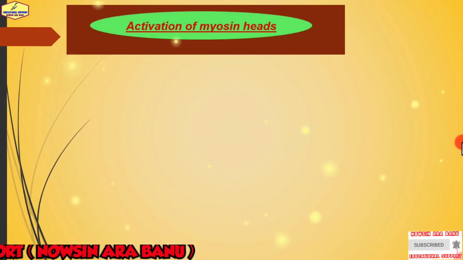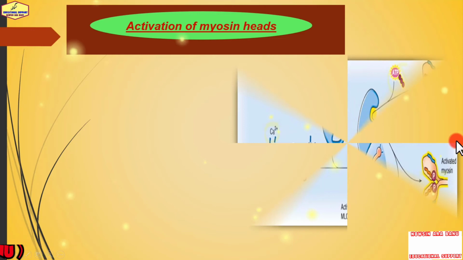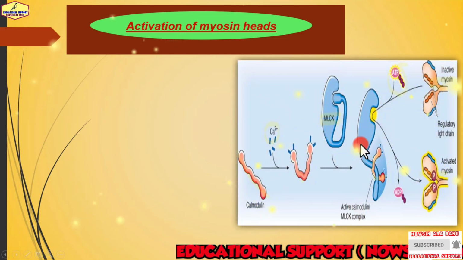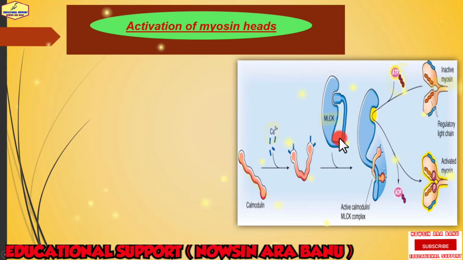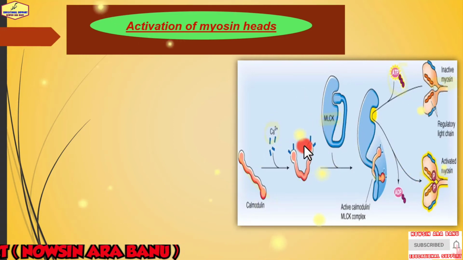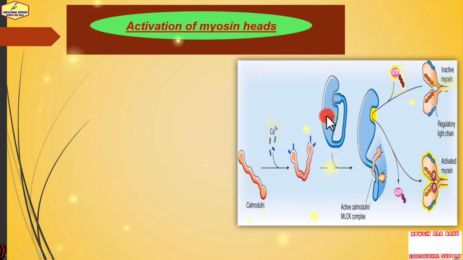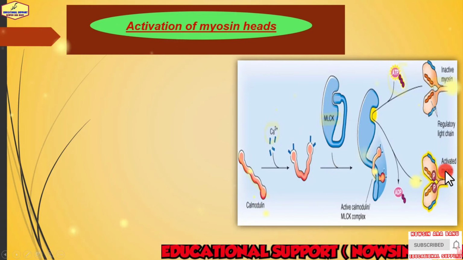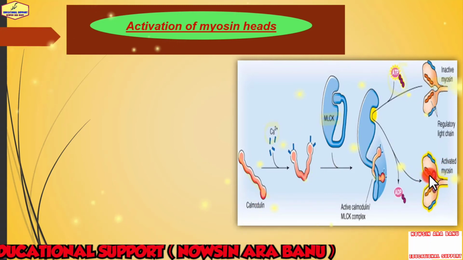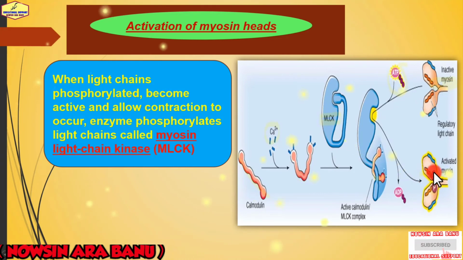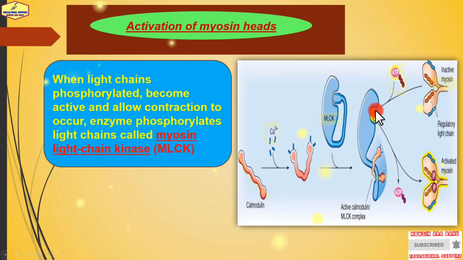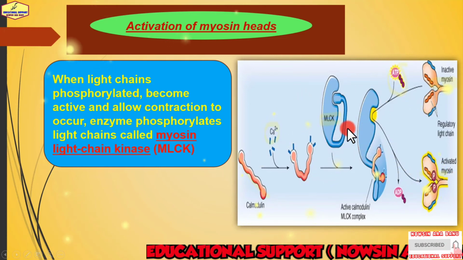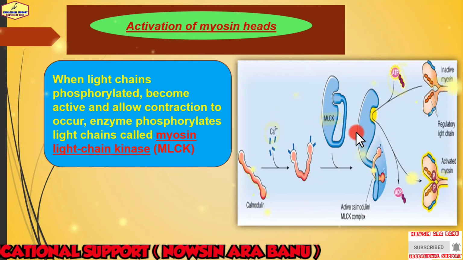So, activation of the myosin head. Do you know what this is? Cross bridge cycling cannot occur until the myosin heads have been activated to allow cross bridges to form. When the light chains are phosphorylated, they become active and allow contraction to occur. This picture represents initiation of the cross bridge cycle in smooth muscle.